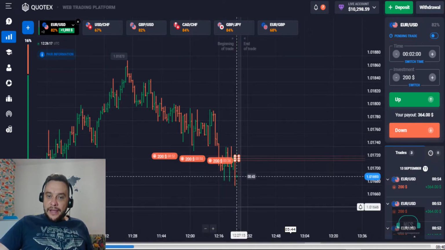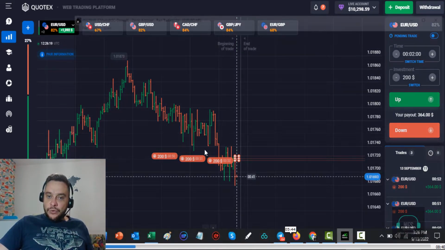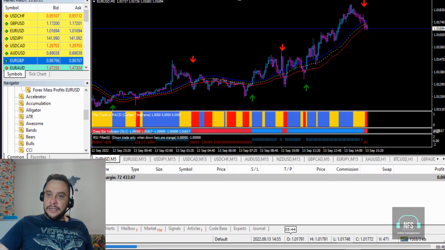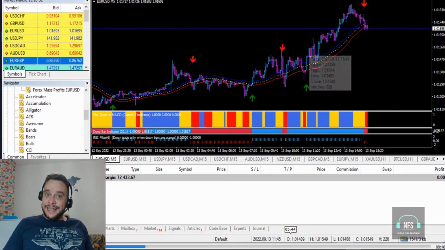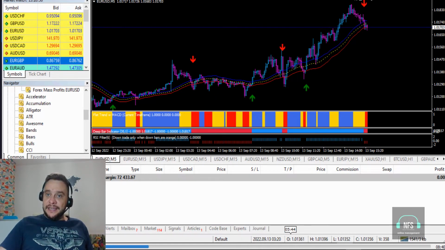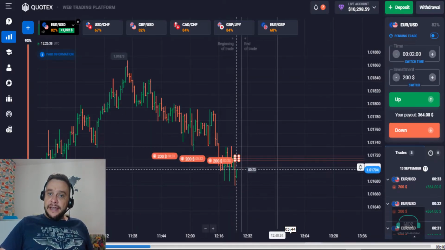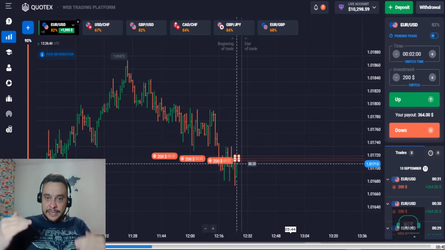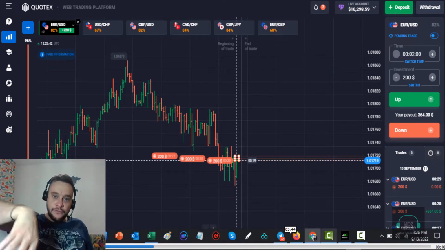As you can see here, some of the trades were in the money. Still we have the down signal here. The Forex Max Profit system is not repainting. The signal is still here, the down arrow is there. So when you see the red down arrow, the price will move down.